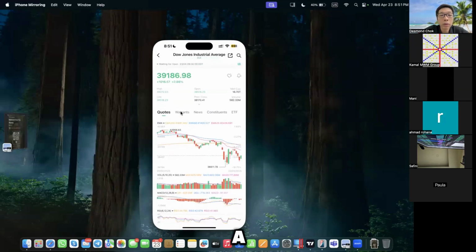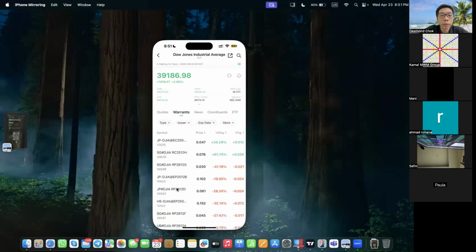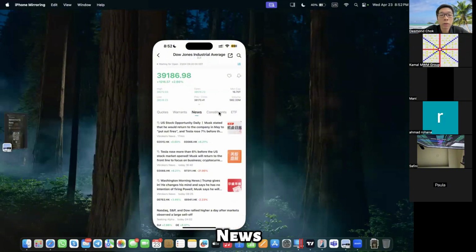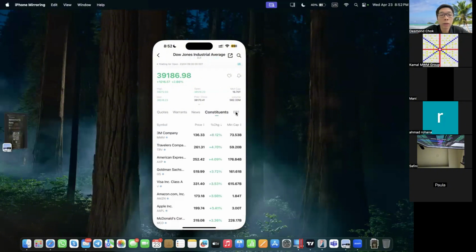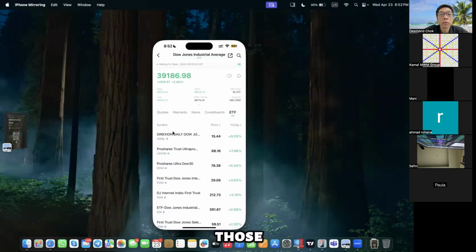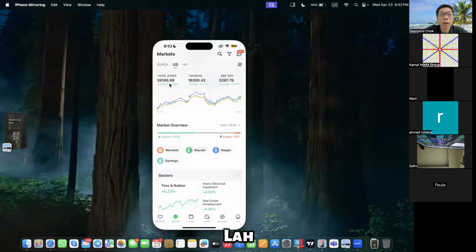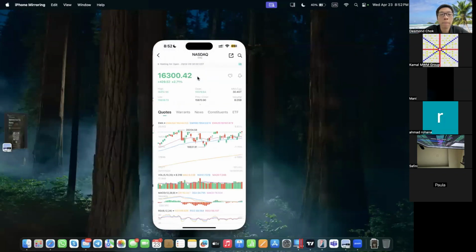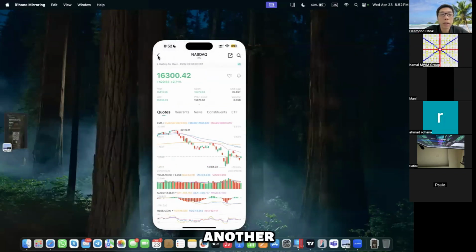Here you can see there's also a warrant. So this is the Dow Jones news, constituents, Dow Jones ETF. Those people already familiar with the US stock market, then you know. This one Dow Jones, this one Nasdaq, same thing. This one is another sector.